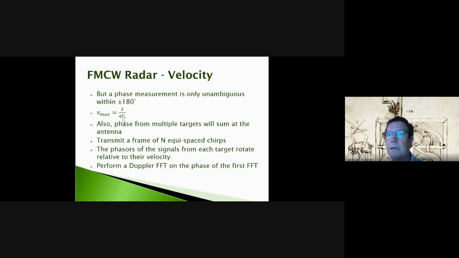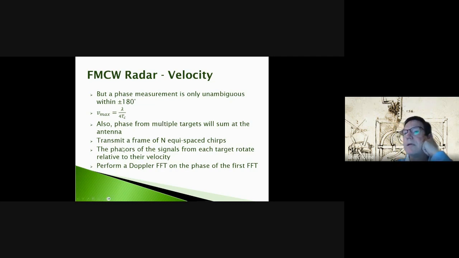So the solution is to transmit a frame of n equispaced chirps. We already needed two to make this velocity measurement, but now let's transmit a whole frame of these. Well, we're going to constantly be transmitting them, but let's collect up n of these and put them into a vector matrix and analyze them together, right?